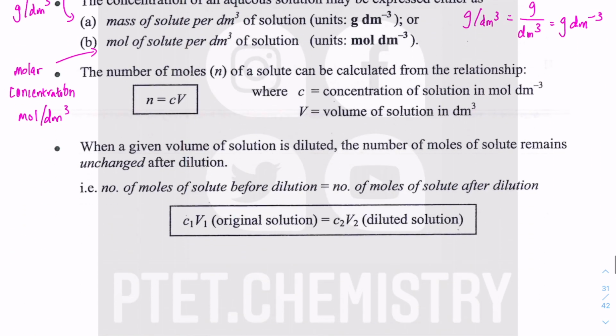If you have a solution, then we have to think about the volume of solution. So that's why we have to think about whether it is a solution or a gas. The mole is concentration, which is going to be mole per dm cube. Then you're going to be multiplying by the volume of solution, which is in dm cube.